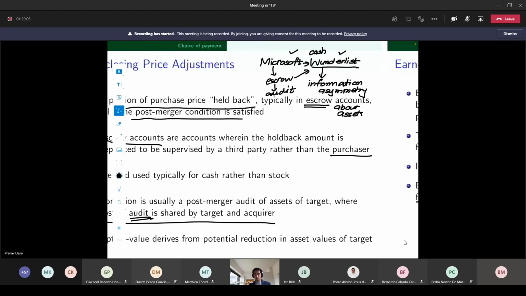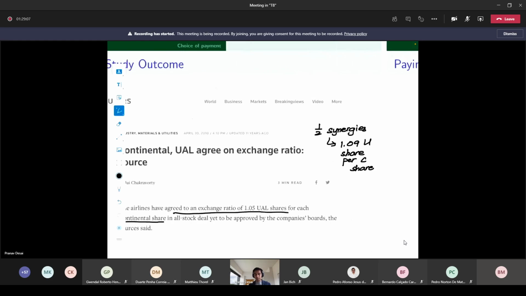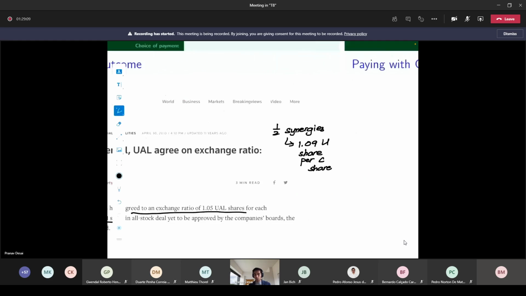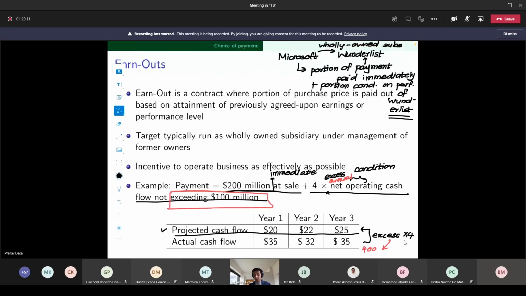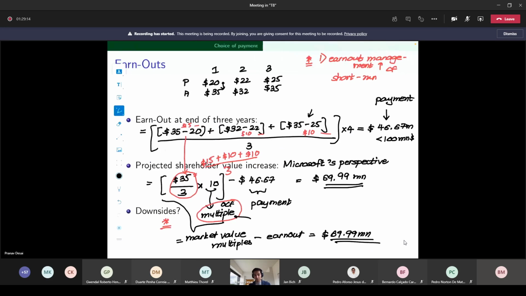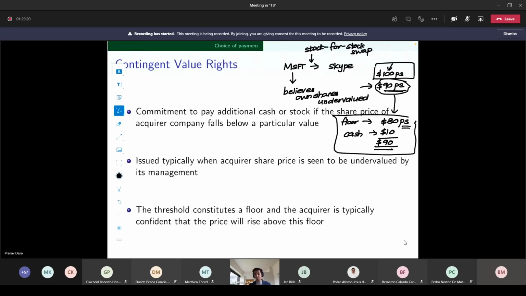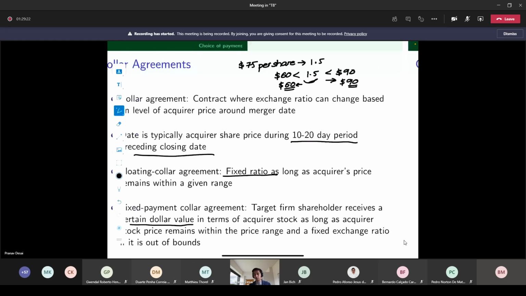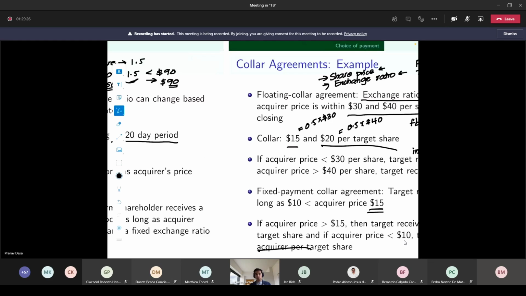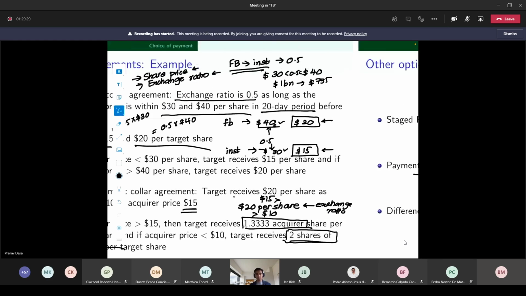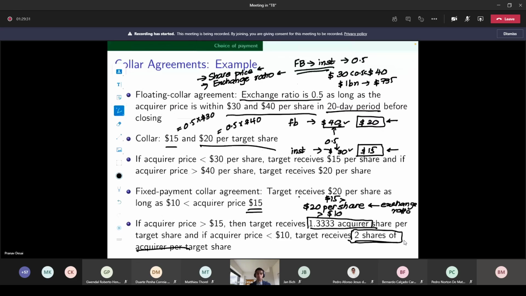Just like the first case where you had to calculate the exchange ratio, you will also be required to calculate, say, the earnout, comment potentially on the risk sharing between the parties, and given the specifics of the case, you might be required to talk about how to mitigate the risk, who is ending up with more risk given the fundamentals of the company.